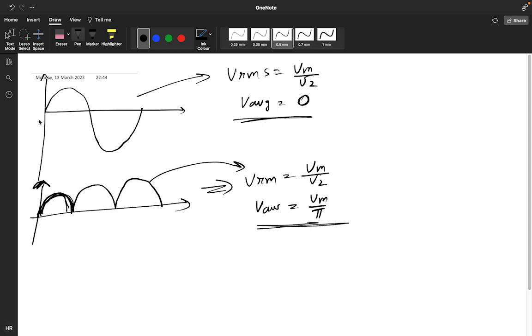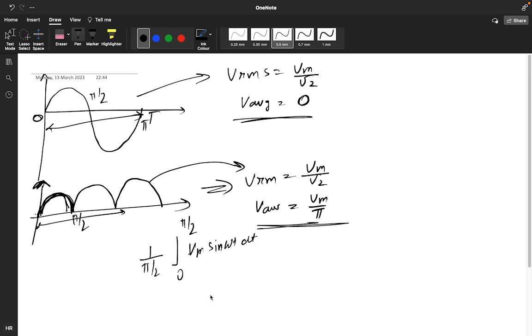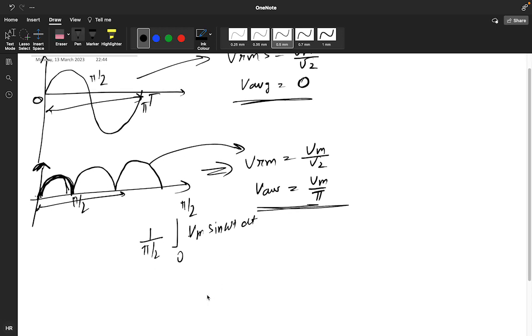Now the time period here was 0 to t up to this cycle, but now the time period is means 0 to pi. You are assuming pi here, you are assuming pi by 2 here, and you are assuming pi by 2 here. If you solve this, you are getting 1 by pi by 2, 0 to pi by 2 time period, Vm sine omega t into dt. Solve this and get the results. What you will get?